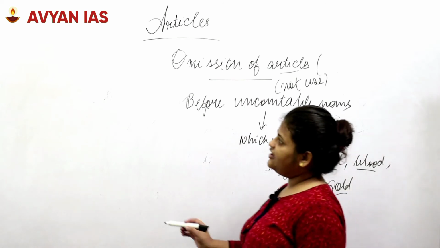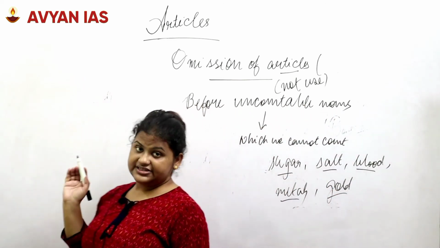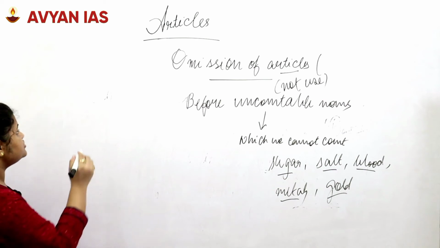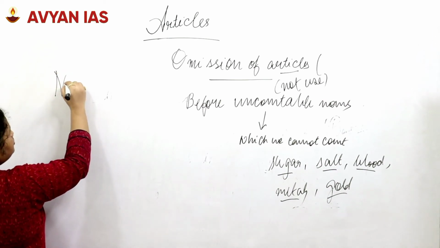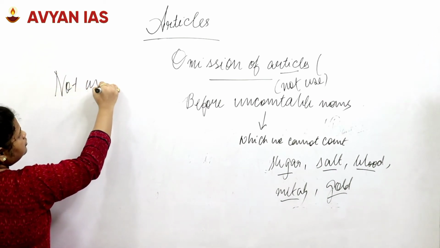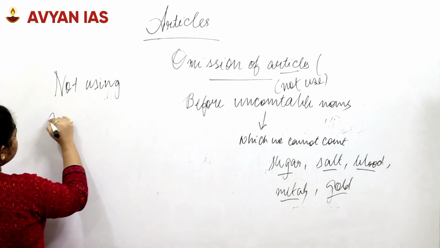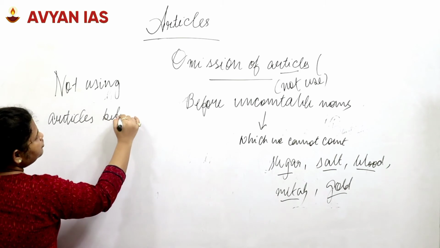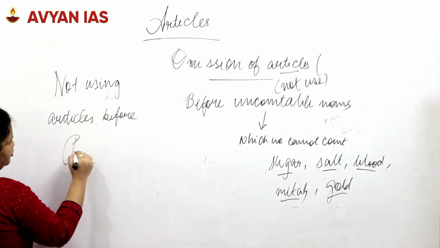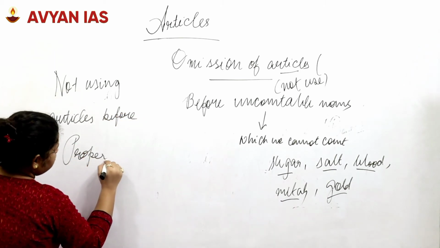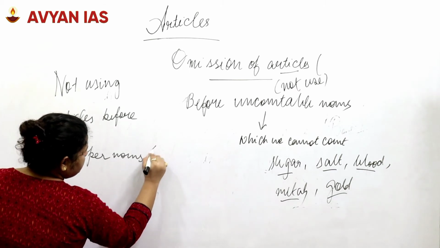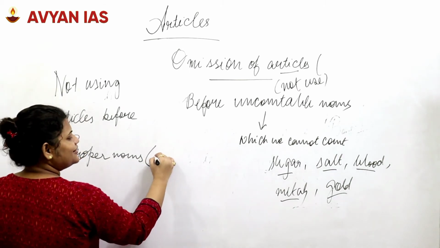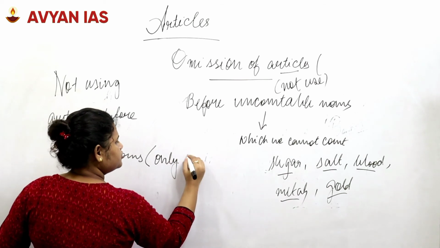We also, as I have previously talked about, will not use articles before proper nouns. Proper nouns only in respect to names of people.